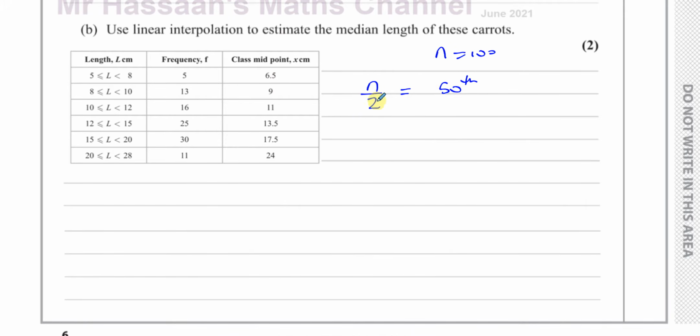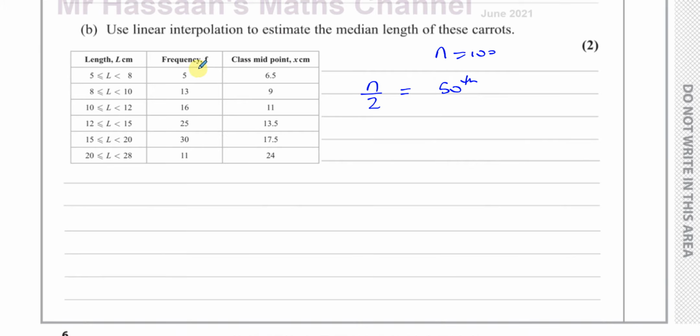We don't do anything like n/2 being the 50th and the 51st term, because we don't know what the 50th and the 51st term are. We just know what group they're in, so we don't need to be as precise. We look to see in which group the 50th term is, so we do a cumulative frequency.